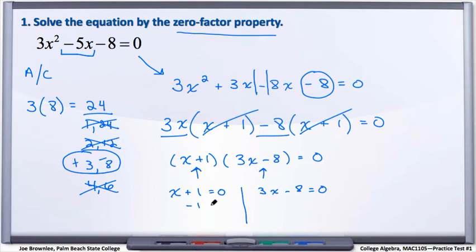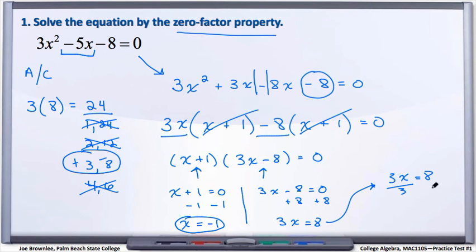Well, here on the left, we'll quickly subtract 1, and that leaves us with x equals negative 1. And here we'll go ahead and add 8 to both sides. That'll leave us with 3x equals 8. We'll finish over here. I'll just rewrite that real quick. And if we want x all by itself, we'll divide by 3. And so we end up with x equals 8/3.